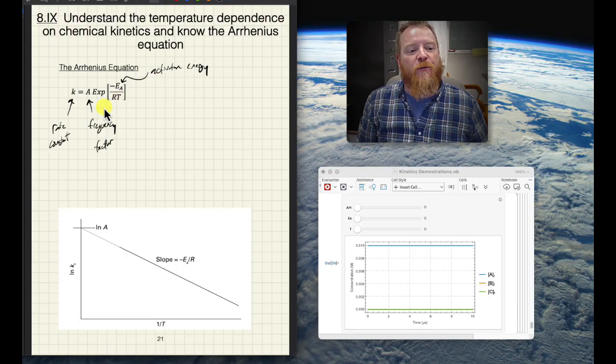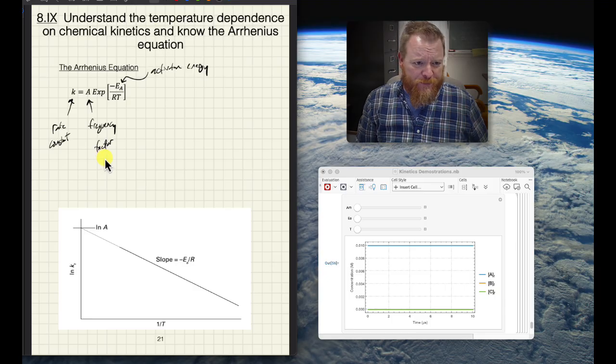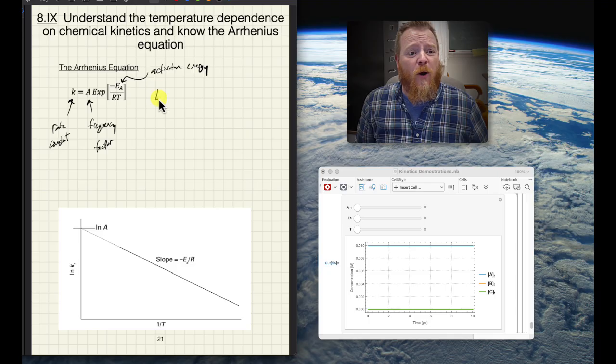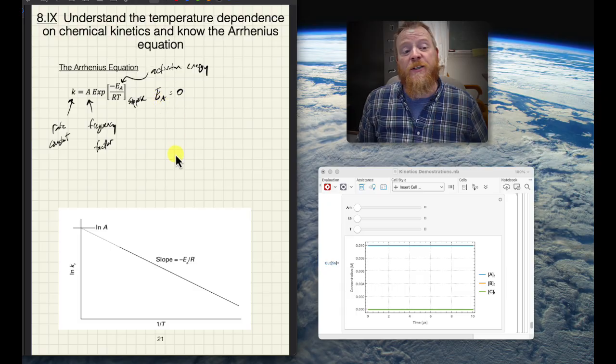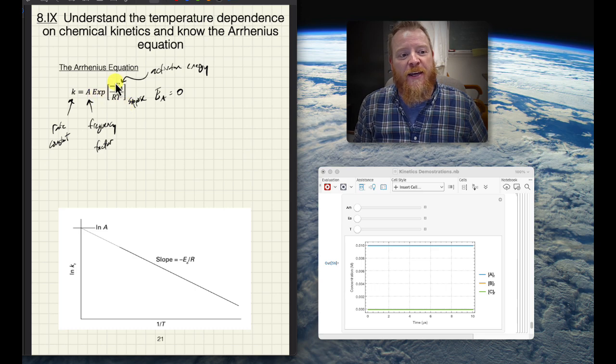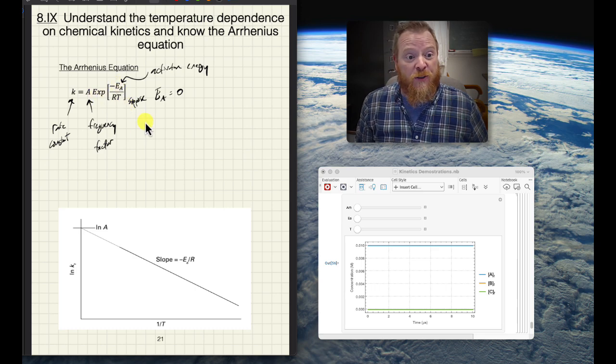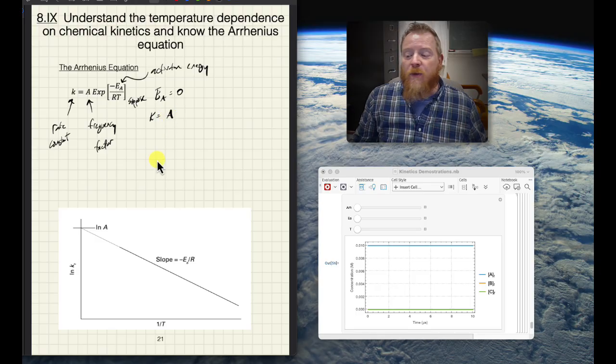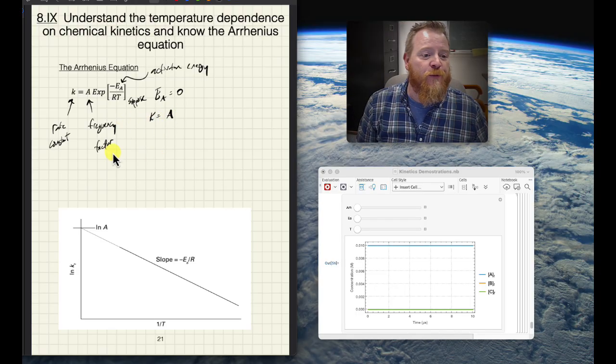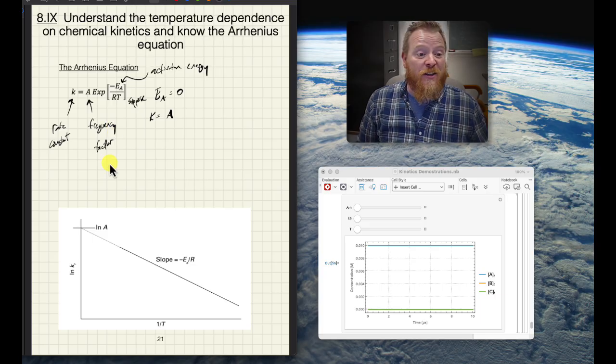Okay. So now if we flesh this equation out a little bit more and approach this from a couple different ways. One, let's suppose, so let me write that down first. So suppose Ea equals 0. So if our activation energy equals 0, we have e raised to the 0 power, which is 1, and thus k equals A. So what that means is our frequency factor really is the frequency of collisions.